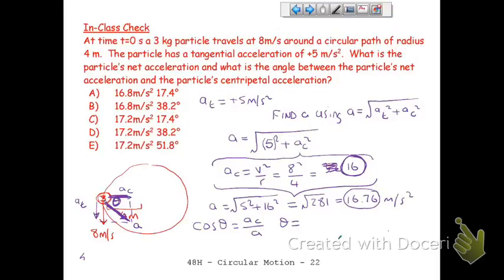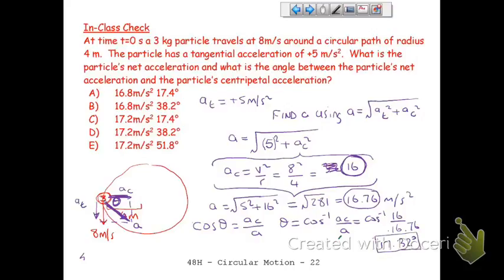So theta is equal to cos to the minus 1 of AC over A, where AC is 16 and my net acceleration is 16.76. So I go second cosine of 16 divided by 16.76, enter, and I'm getting 17.32 degrees.